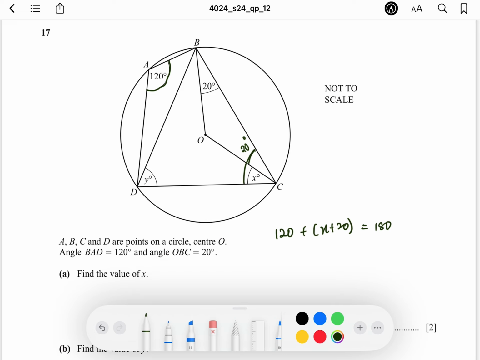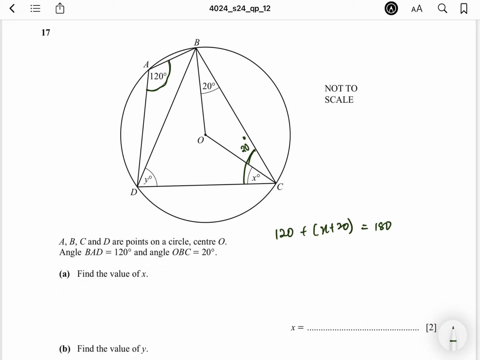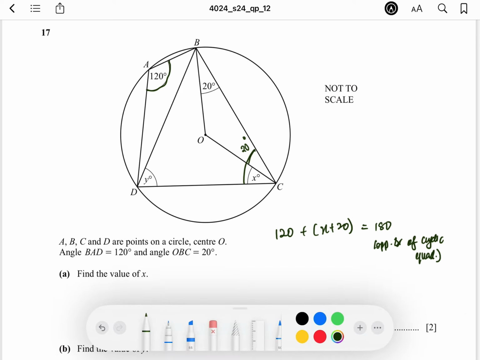Simplify that one and you get your x is equals to 40. Okay, opposite angles 180, bukannya straight line. Opposite angles of cyclic quad. Kenapa my handwriting ni macam makin besar? Okay.